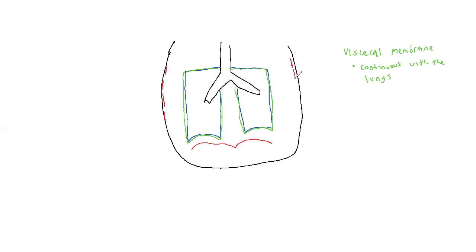So we need something that's going to stick the lungs to the walls of the thoracic. And to do so, we have another membrane, and this one is going to be called the parietal membrane. And the parietal membrane is more or less continuous with the thoracic cavity.